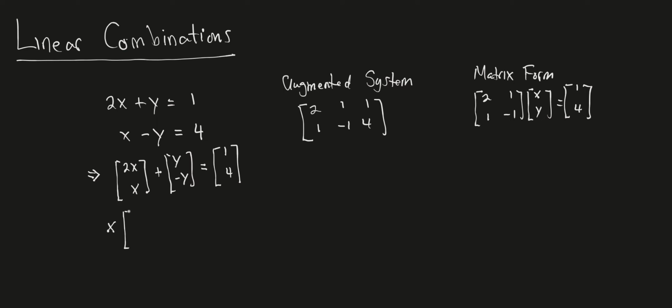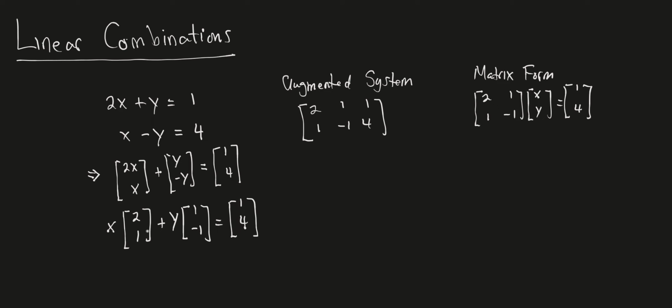That would leave me with a constant vector 2, 1. And what if we did the same thing with this second column? What if we factored out the y? Take the y out, and that leaves 1, negative 1. And then here we have our constant vector 1, 4.